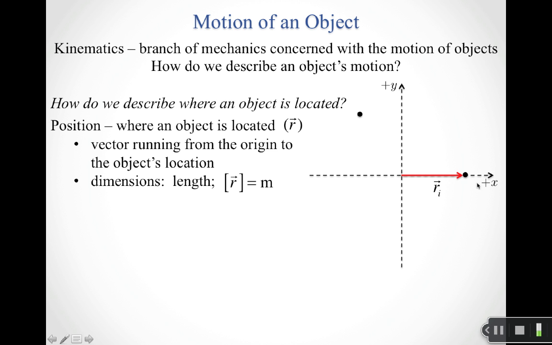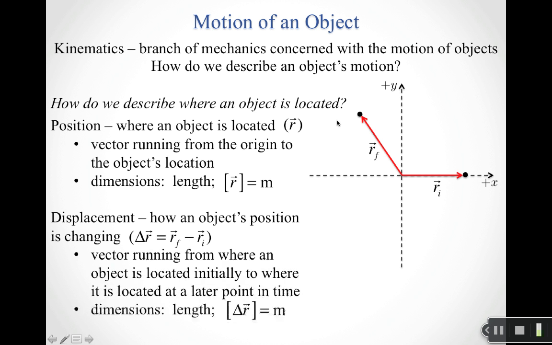So here's a situation where initially, here's my object, and you can see I've got my initial position vector drawn out from the origin. Here is some final position vector. All I know is that my object was here at some initial point in time and was here at some final point in time.